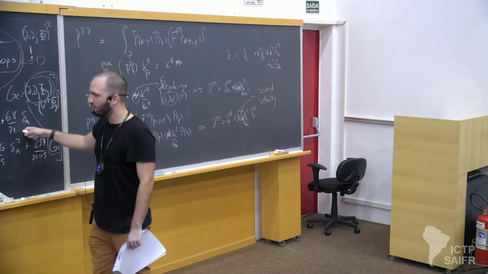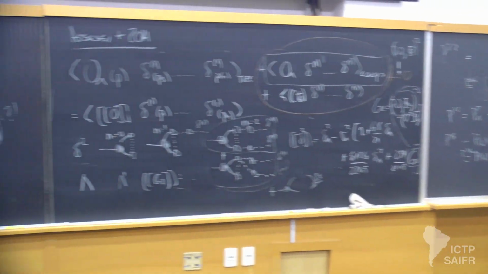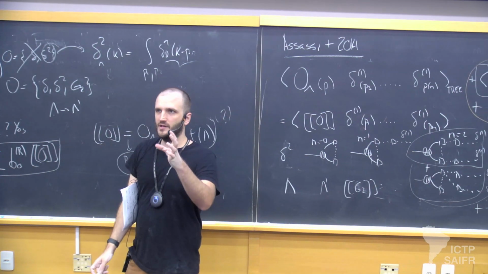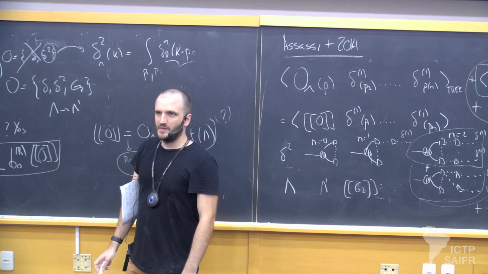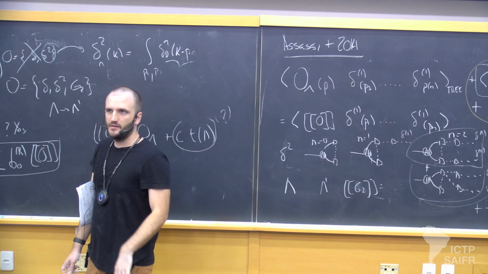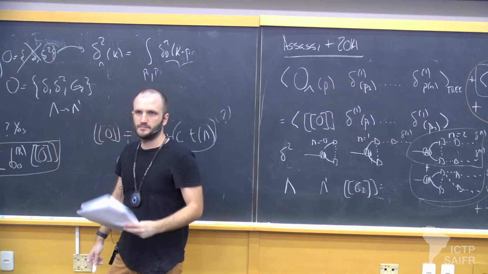It just means that this set of operators, when you move from lambda to another lambda prime, are basically rotating internally. And if you just remove one of them, you cannot rotate again when you go from lambda to lambda prime. Okay?